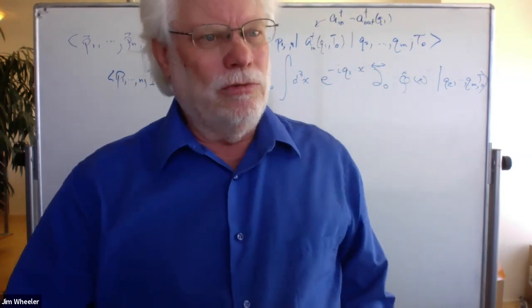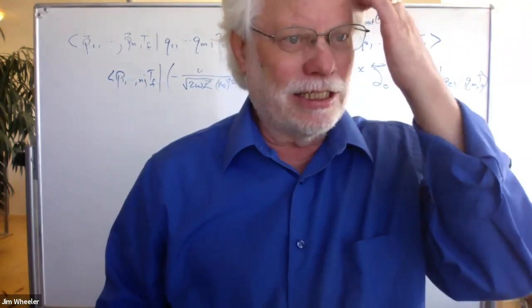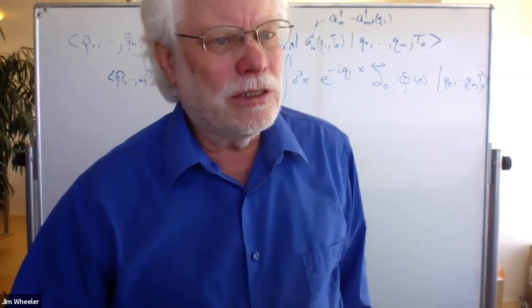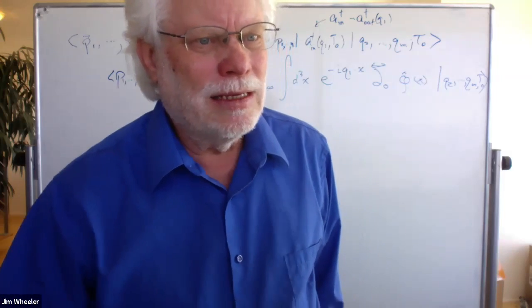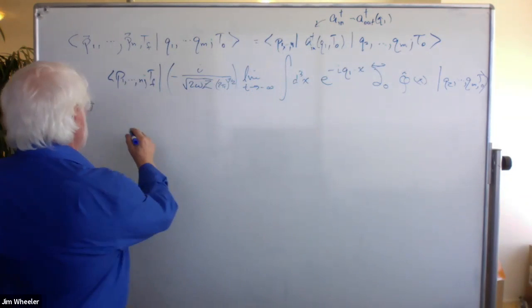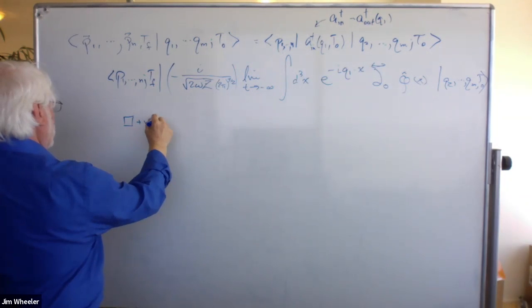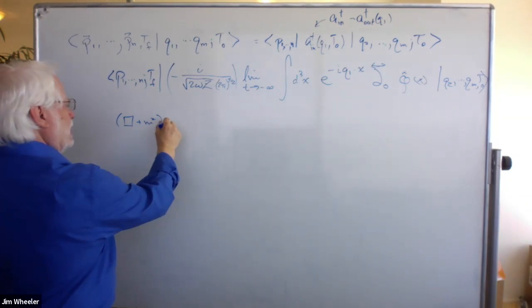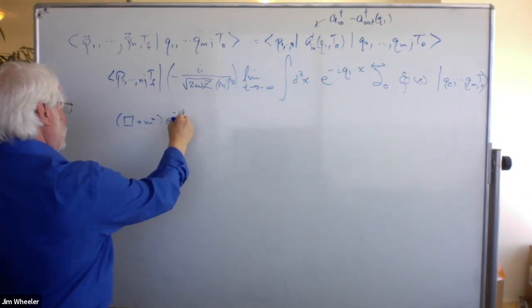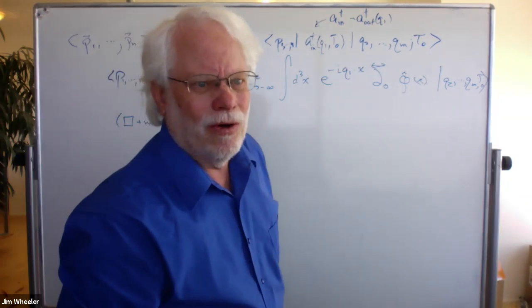Okay, so the trick here then is to use the Klein-Gordon field equation for this plane wave. So we've got box plus m squared on e to the minus i q1 dot x equals 0.